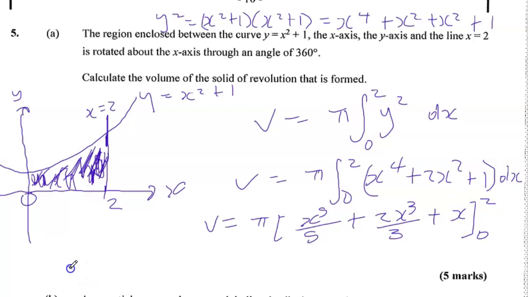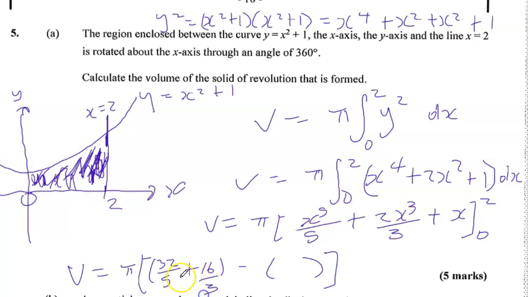So continuing, volume is pi, and we're going to form 2 brackets. In one bracket, we're going to replace the x with 2. So 2 to the power of 5, that's 32, so that's 32 over 5, plus 2 cubed, that's 8, 8 times 2, 16, so plus 16 over 3.